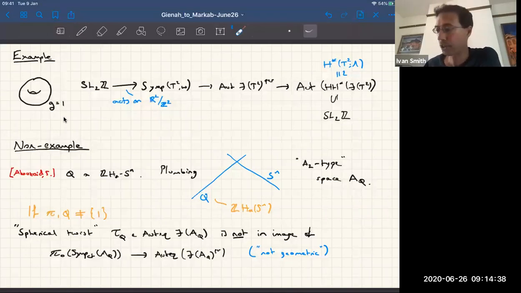And so the obvious homomorphism you had from SL2Z to the symplectomorphism group, or maybe to the autoequivalence group, splits. And in that sense, one might say that the Fukaya category knew about this SL2Z. Even in this simple case, understanding the full autoequivalence group, which is built out of this SL2Z and translation and tensoring by line bundles, I think is not so easy to do without appealing to something like mirror symmetry.